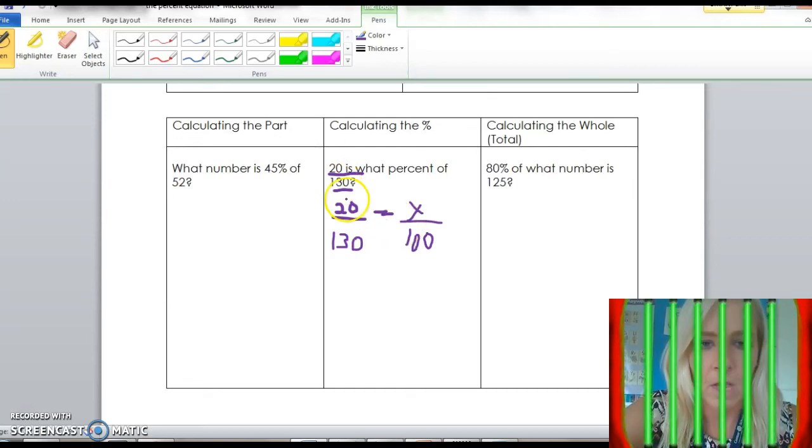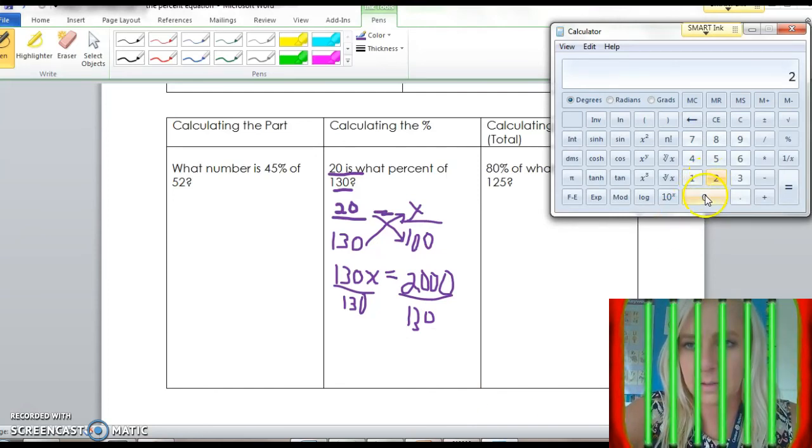Okay. So I'm going to solve for x. 130 times x is 130x, which is equal to 20 times 100, which is 2,000. I'll divide both sides by 130 in order to isolate my variable x and find what the percentage is.